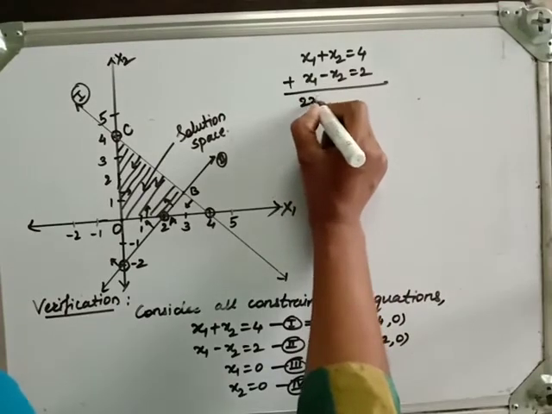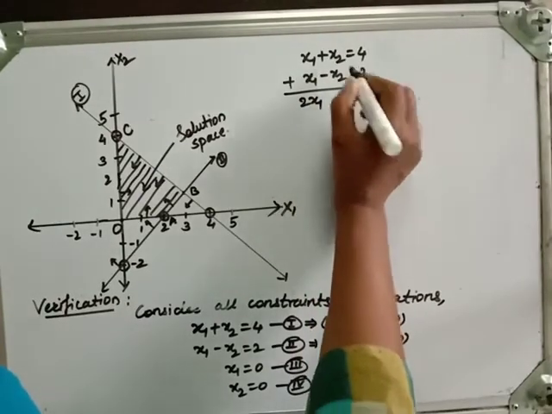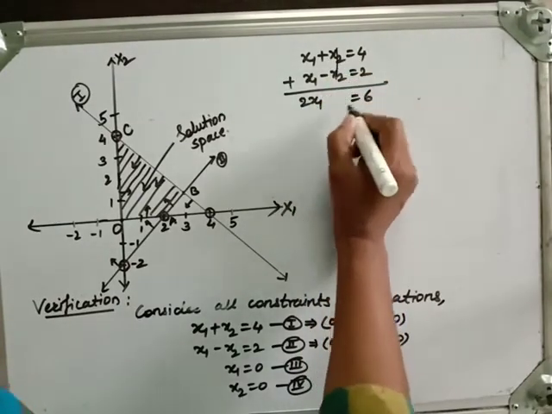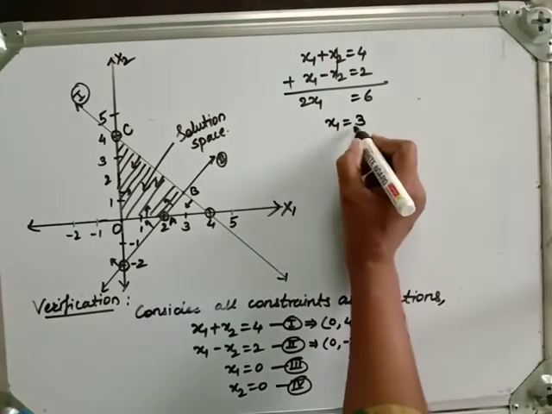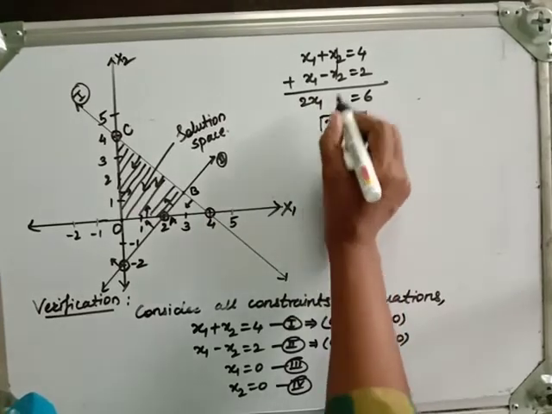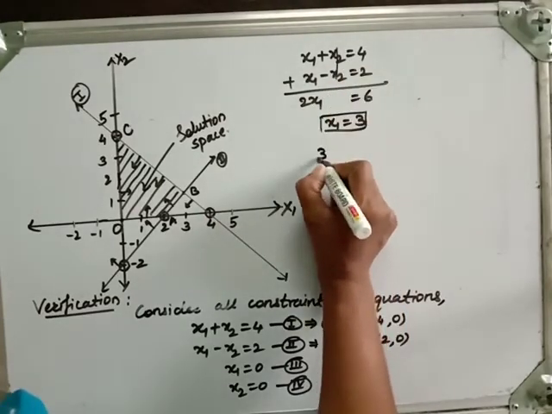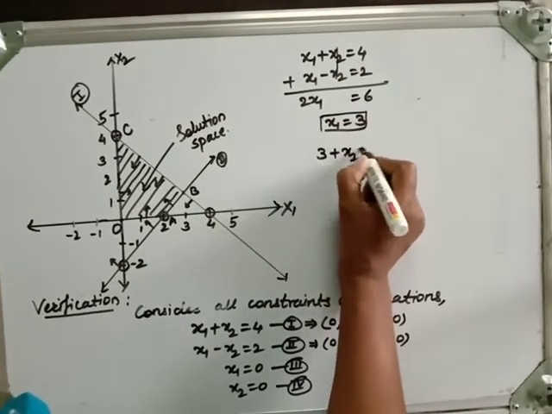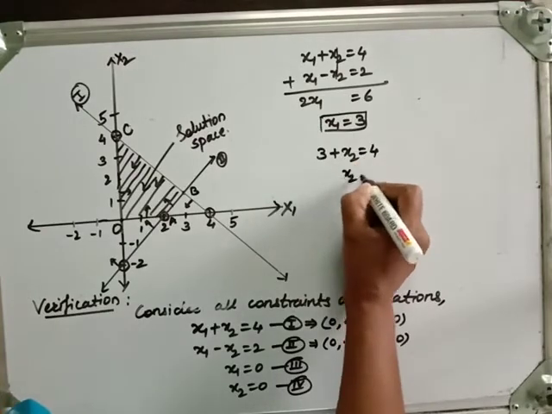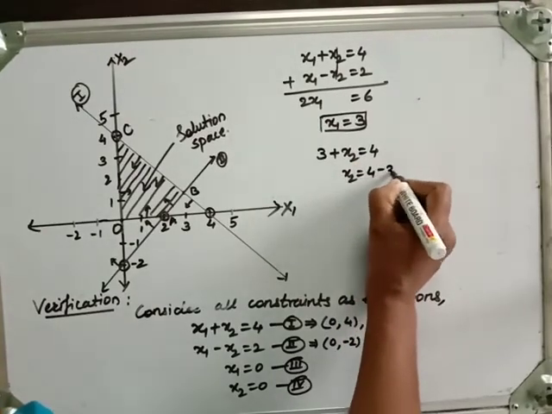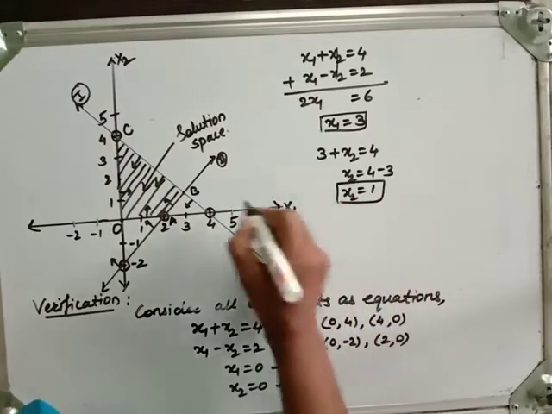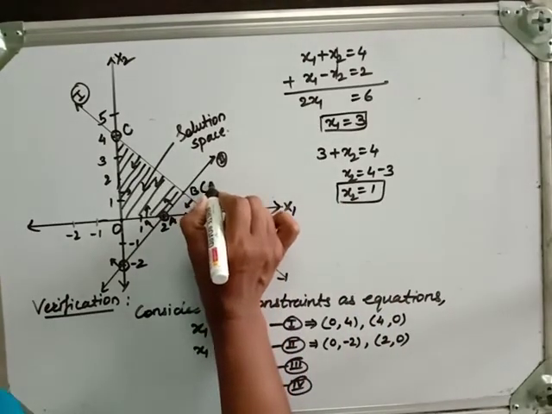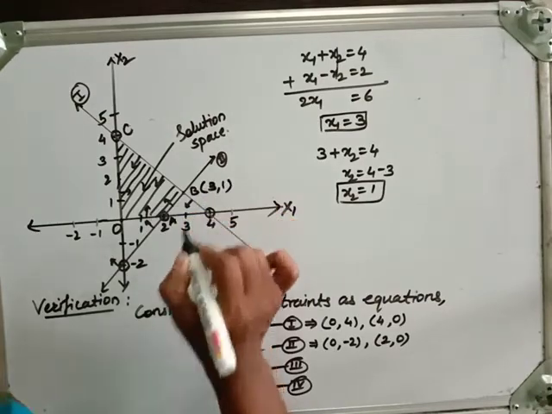We get 2x1 equal to 6, since x2 gets cancelled, it has an opposite sign. So x1 is equal to 3. Now let us substitute this value of x1 in any one of the equations. I get 3 plus x2 is equal to 4, so x2 is equal to 4 minus 3, which is 1. So the coordinates of B are 3, 1.